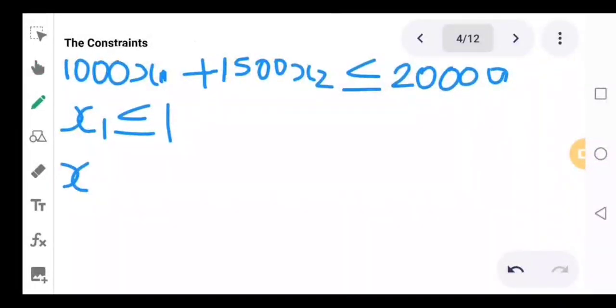That is, it can be equal to 5 or greater than 5. So these are the three constraints.